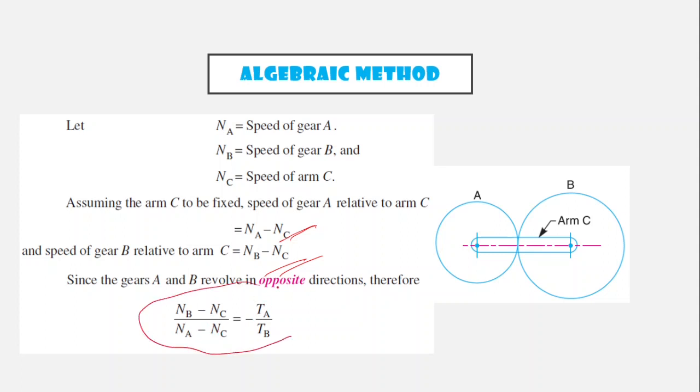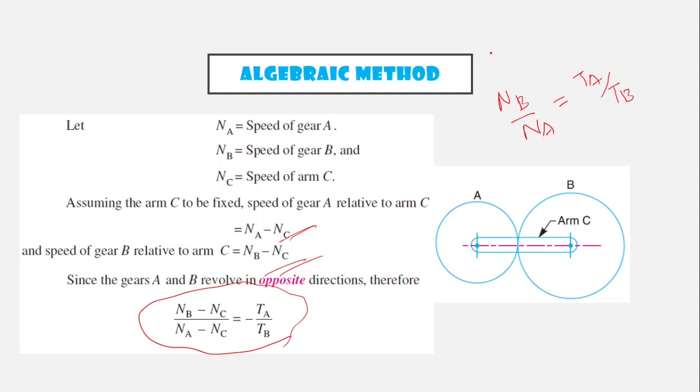We have already discussed this equation in the theory part. Then NB minus NC divided by NA minus NC is equal to minus TA by TB. We know that the arm is fixed, means NC is equal to 0. Then NB by NA is equal to minus TA by TB, and TA by TB must be in the opposite direction.